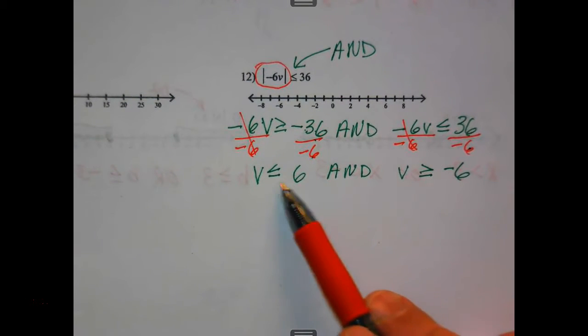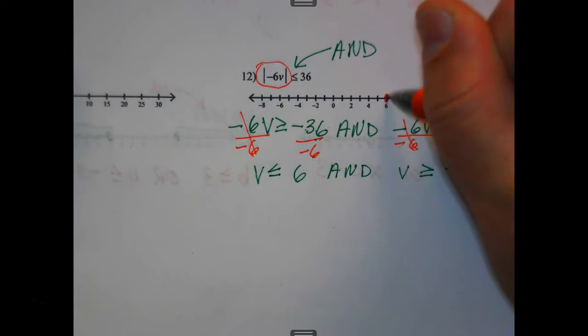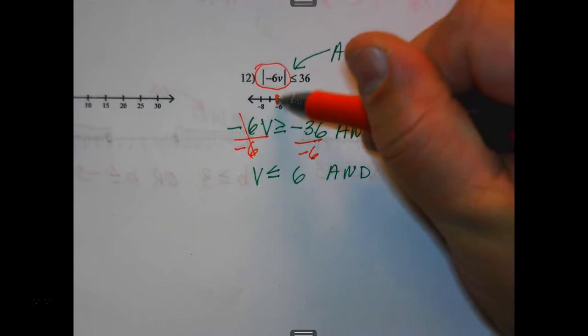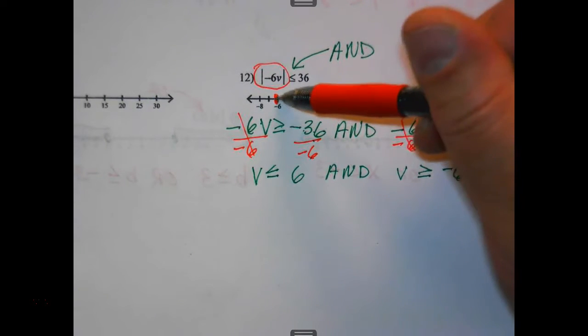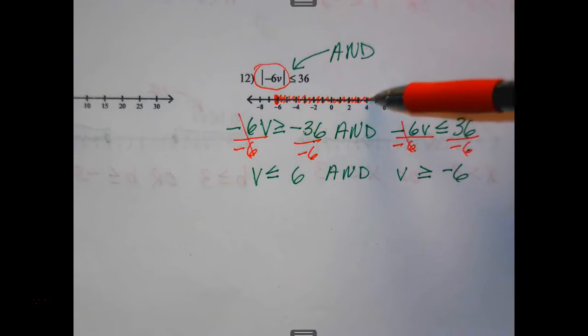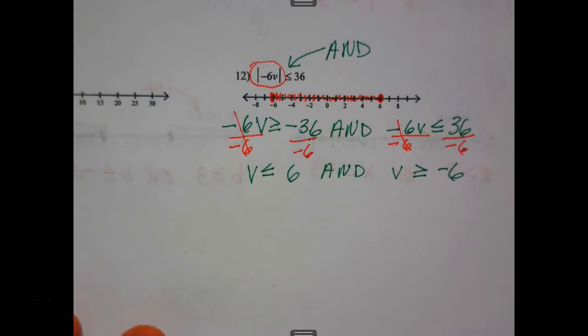So I have a closed circle at 6, and I have a closed circle at -6. It's an and problem, so I'm shading in between. Questions?